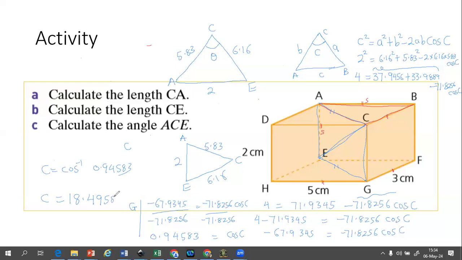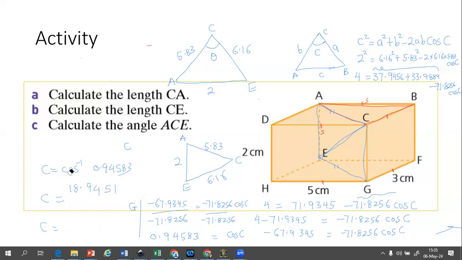Yes, you write it the way you're getting it, 18.9451.